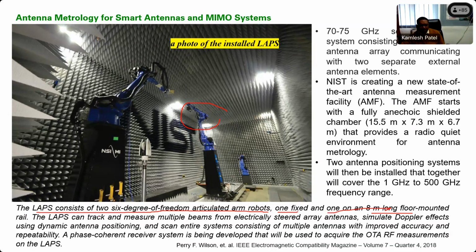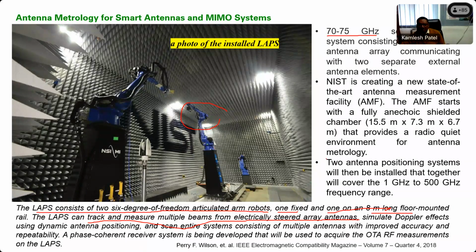It can track and measure multiple beams from electrically steered array antennas and simulate Doppler effects using dynamic antenna position. This is a system designed to work in a higher frequency range, let's say 70 to 75 gigahertz.